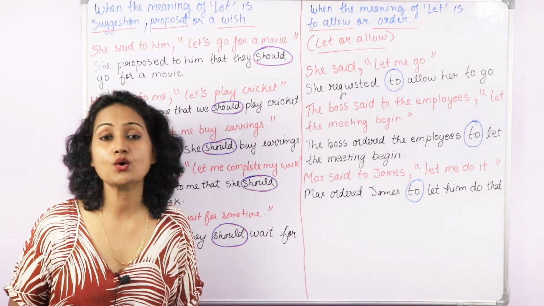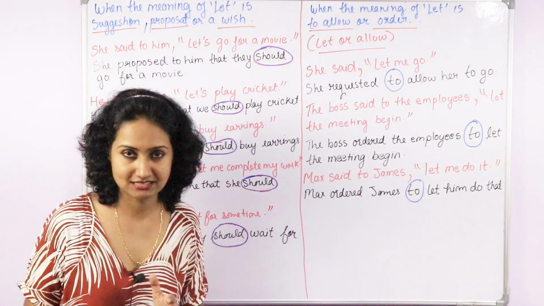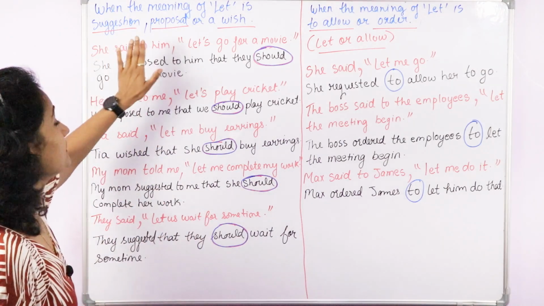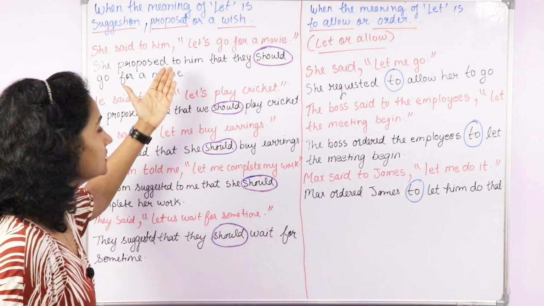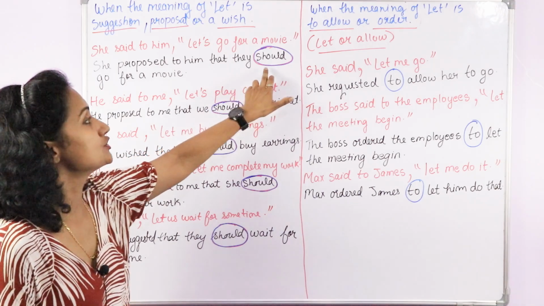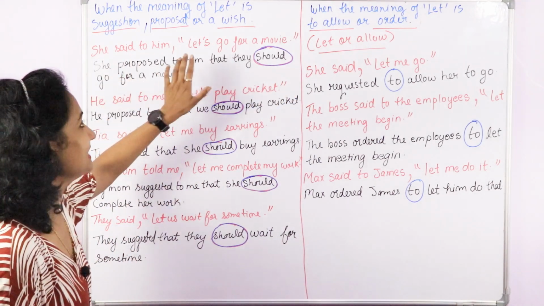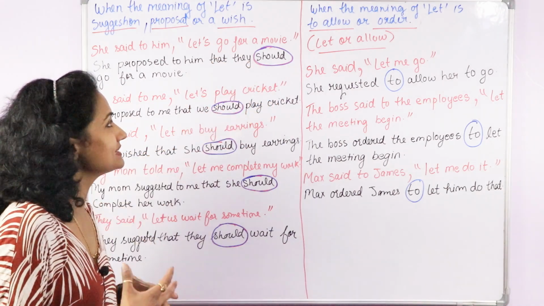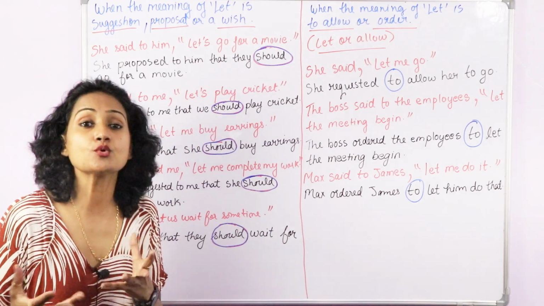Now let's see how we are supposed to report the sentences that start with let. Now when the meaning of let is a suggestion, proposal or a wish, then we will use should. Okay, how? She said to him, let's go for a movie. So this is kind of a suggestion, or a proposal.